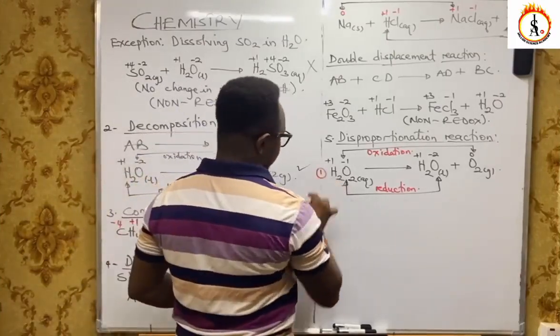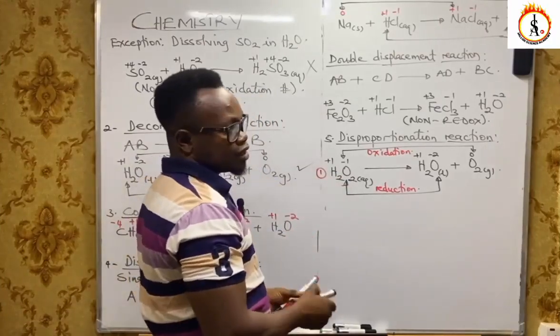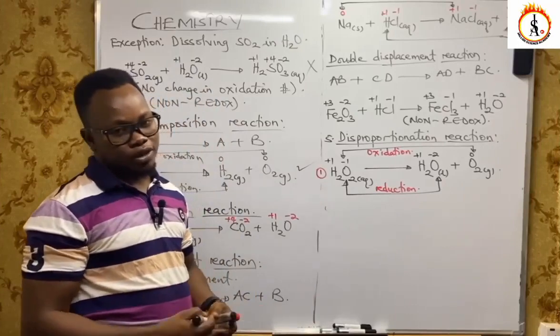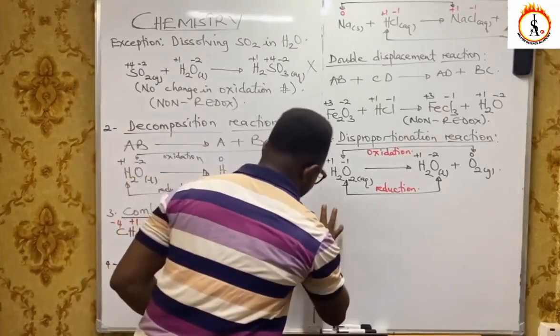Let's say this is our first example. Let's look at another example, that is reacting chlorine with sodium hydroxide, an alkali.